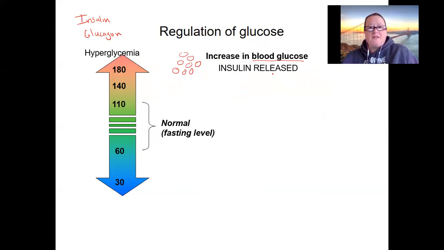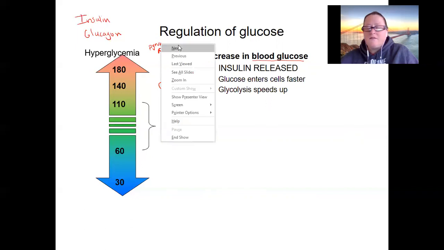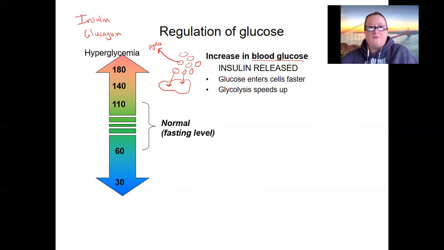It triggers the release of insulin, and the insulin causes the glucose to enter cells faster. If it's entering cells, we're removing it from the blood. It speeds up glycolysis, or the turning of the glucose into pyruvate.